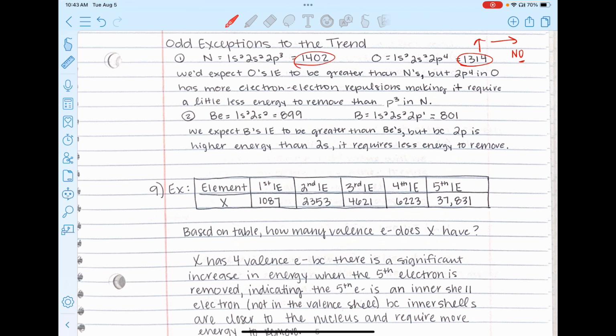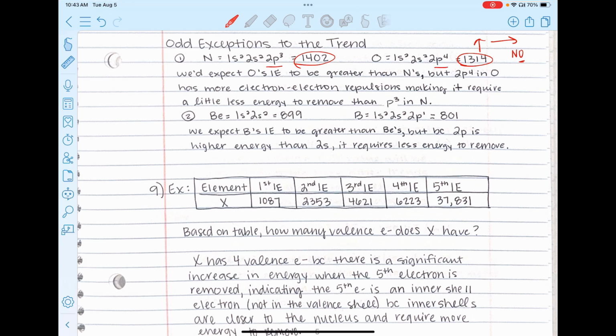Why is that? Let's have a look again at those electron configurations, like we did before. Again, those aren't given. That's something I expect you to be able to write on your own. Nitrogen ends in 2p3, oxygen ends in 2p4. So this is a little different.